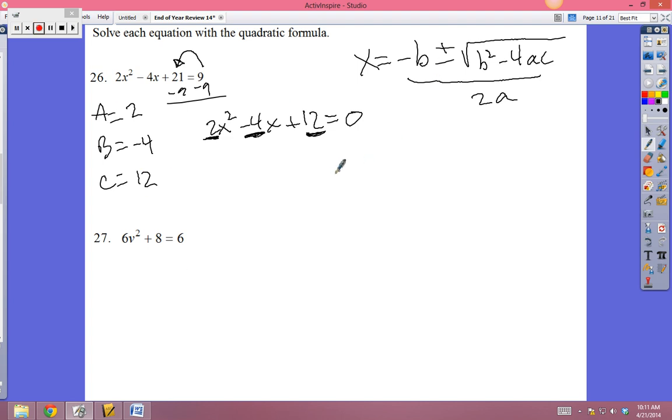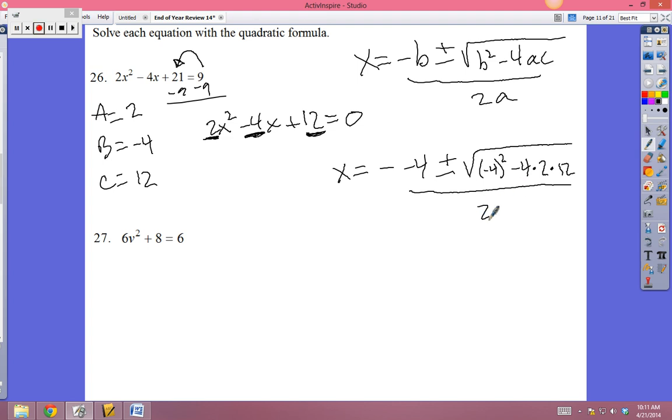So x equals a negative B, so it's going to be a negative negative 4, plus or minus the square root of B squared. You got to put this in parentheses, negative 4 squared minus 4 times A times C. And all of this needs to be over 2 times A.